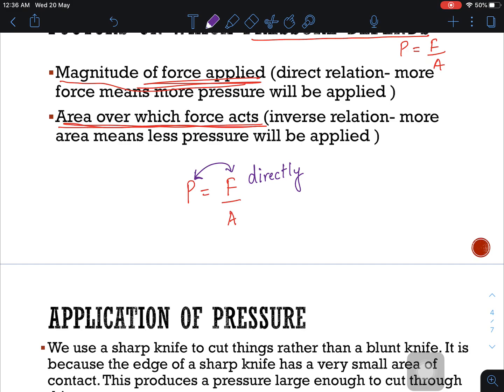That means if you increase force, pressure will automatically increase, and if you decrease force, pressure will also decrease.